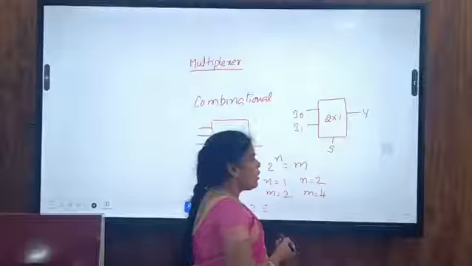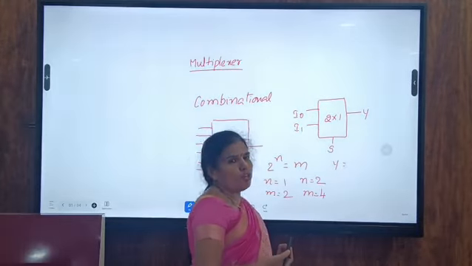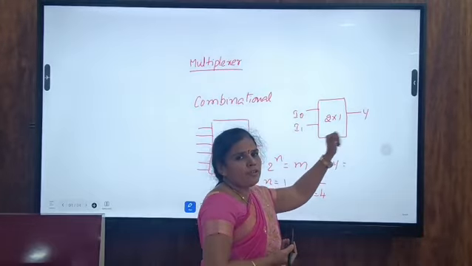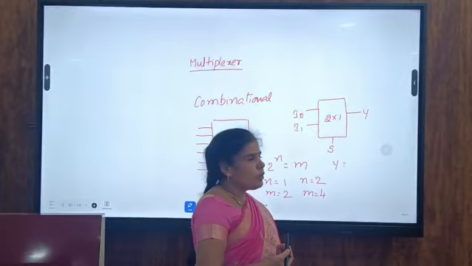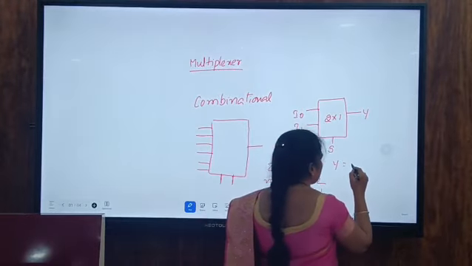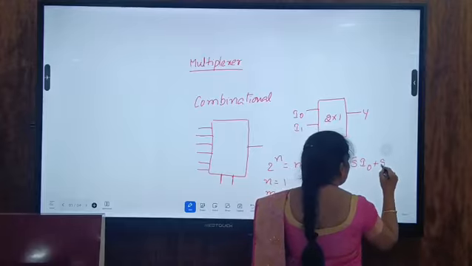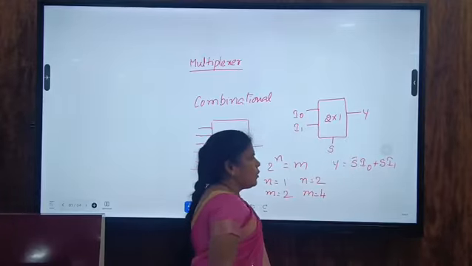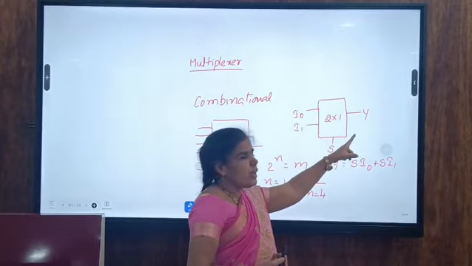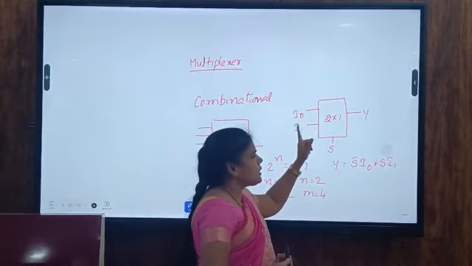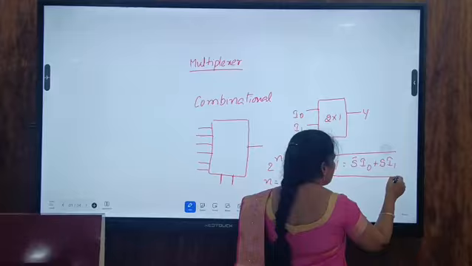Y is given by: when S is equal to 0, then I0 will enter into the output. When S is equal to 1, then I1 will come into the output. So this can be written as S bar into I0 plus S into I1. This is the expression for the 2 by 1 mux.